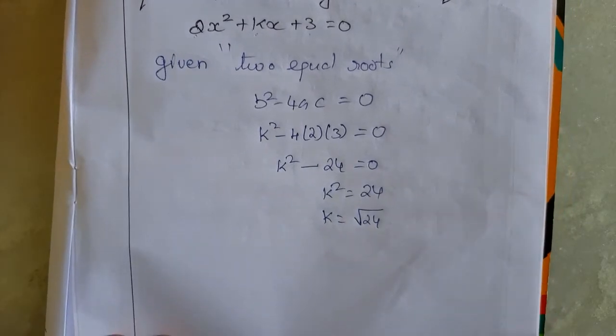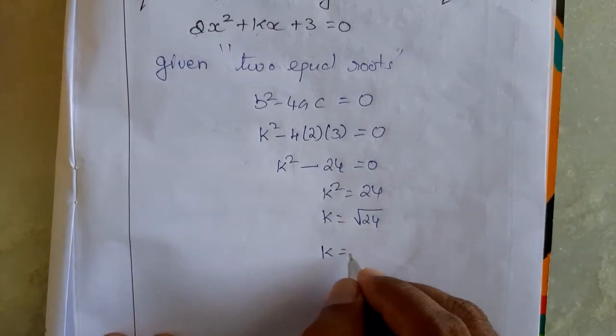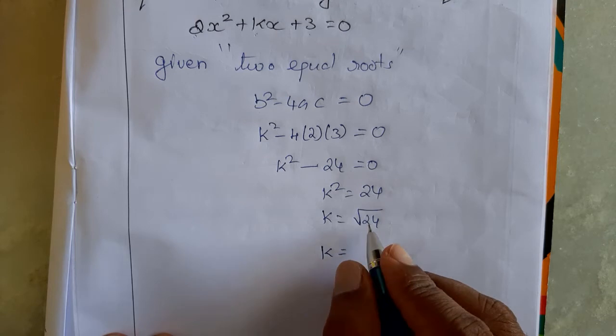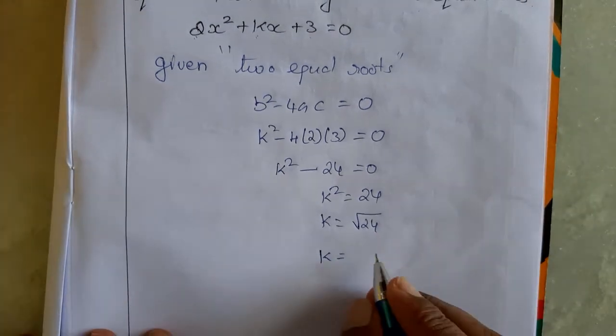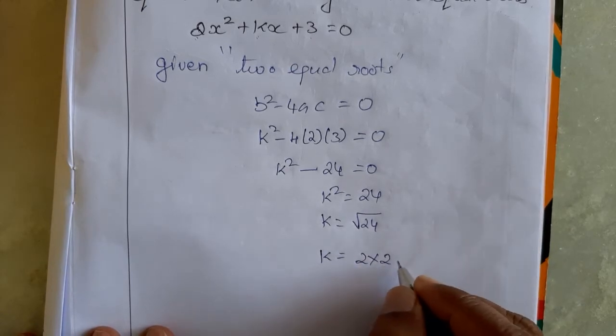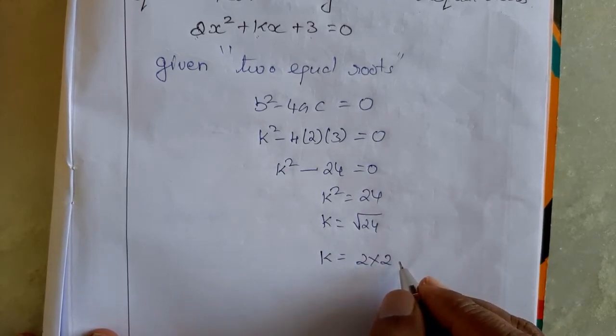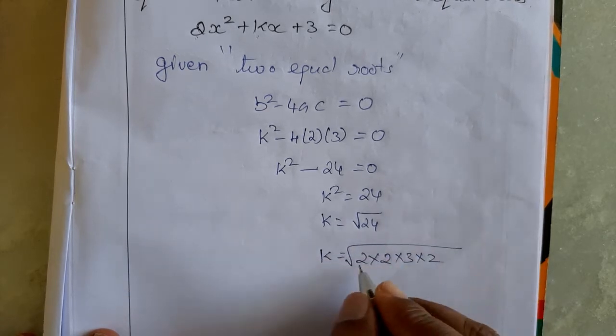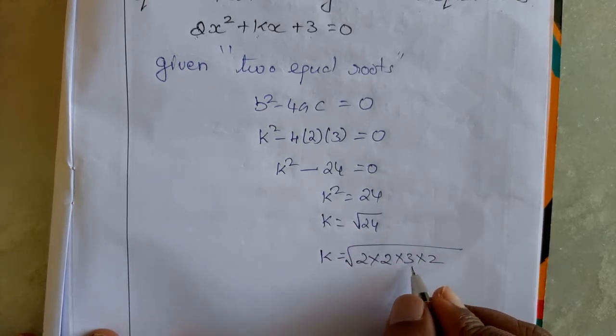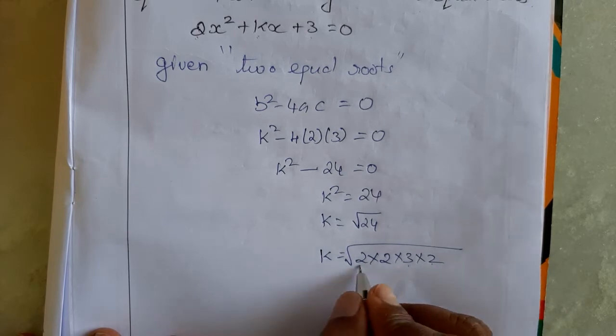Square root of 24, we can elaborate and write k is equal to, we can write as 2 into 2 into 2 into 3, 2 2s are 4, 4 3s are 12, 12 2s are 24. So this we can take outside.